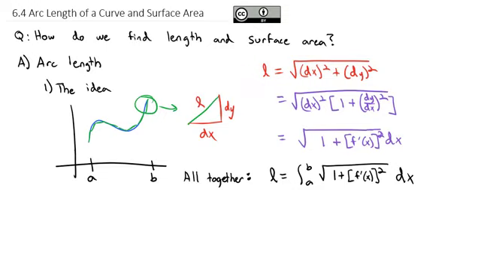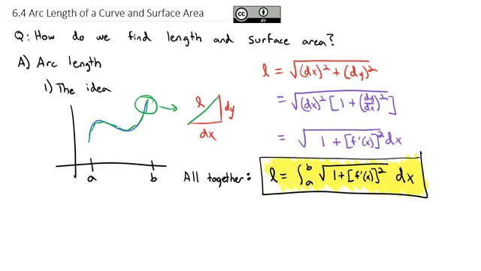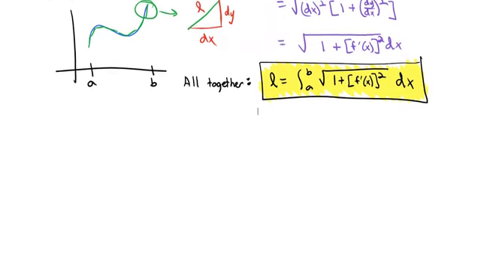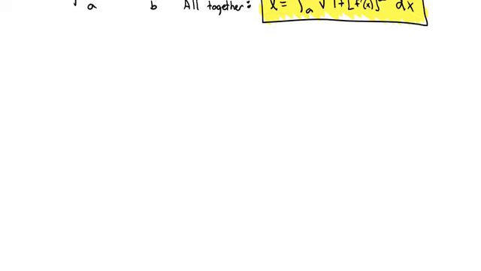So this is going to be our general formula to find the length of any curve. So now that we have a nice little formula, the integral of the square root of 1 plus the square of the derivative, let's see if we can do a couple examples.